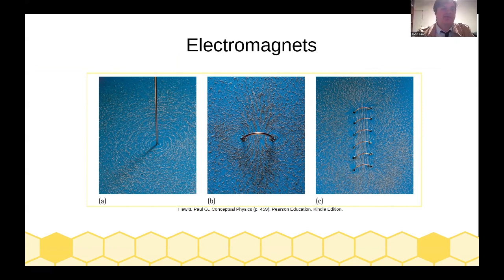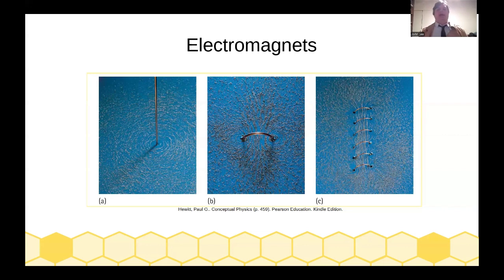So the magnetic field caused by a current just passing through a wire is going to follow a different form of the right-hand rule: if you point your thumb in the direction of the current, then the way that your fingers curl is going to demonstrate the direction of the magnetic field, which, as you can see, is going to be a circle around them.